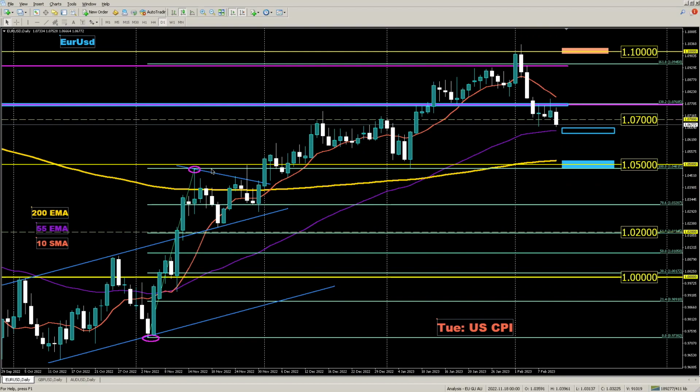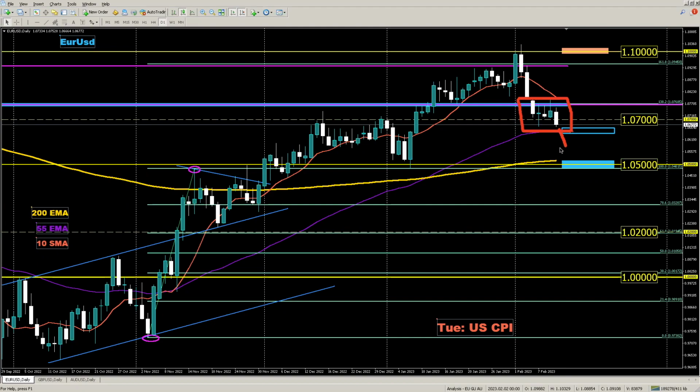And also the swing high is at 104.81, just below the 105 round figure. So we'll see if this week it's able to dip lower.